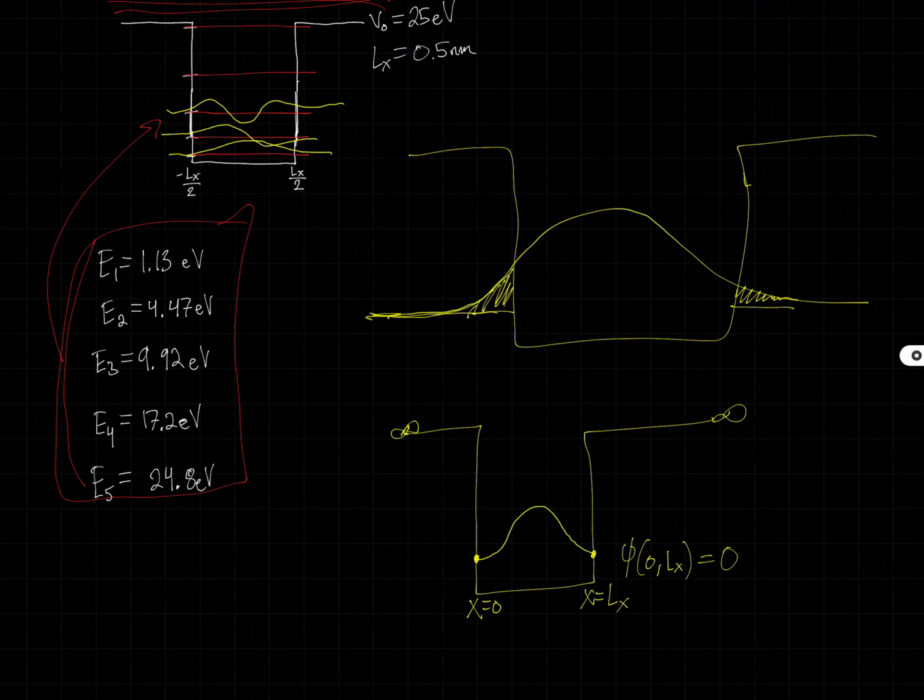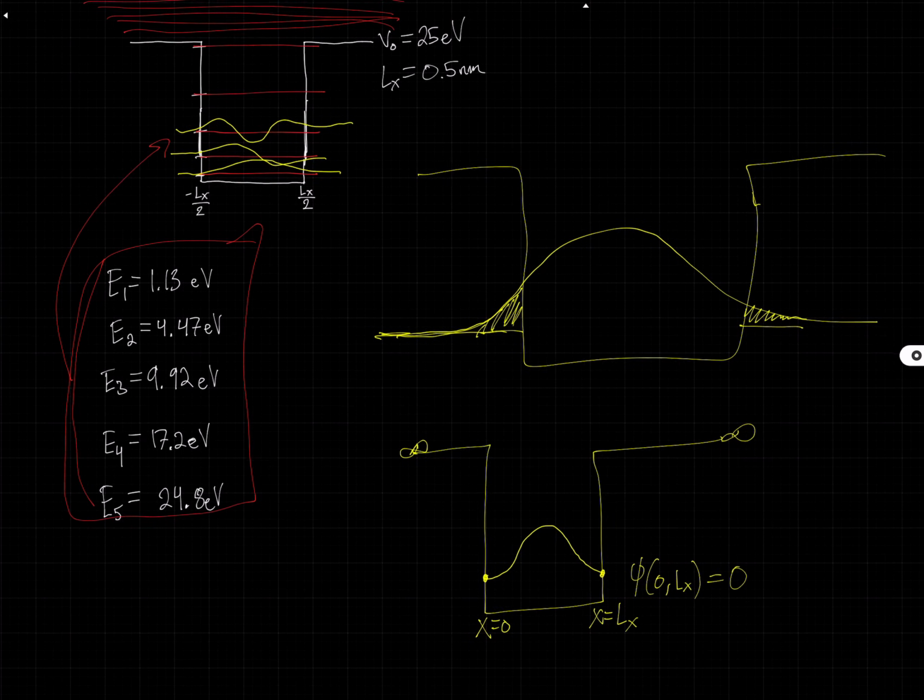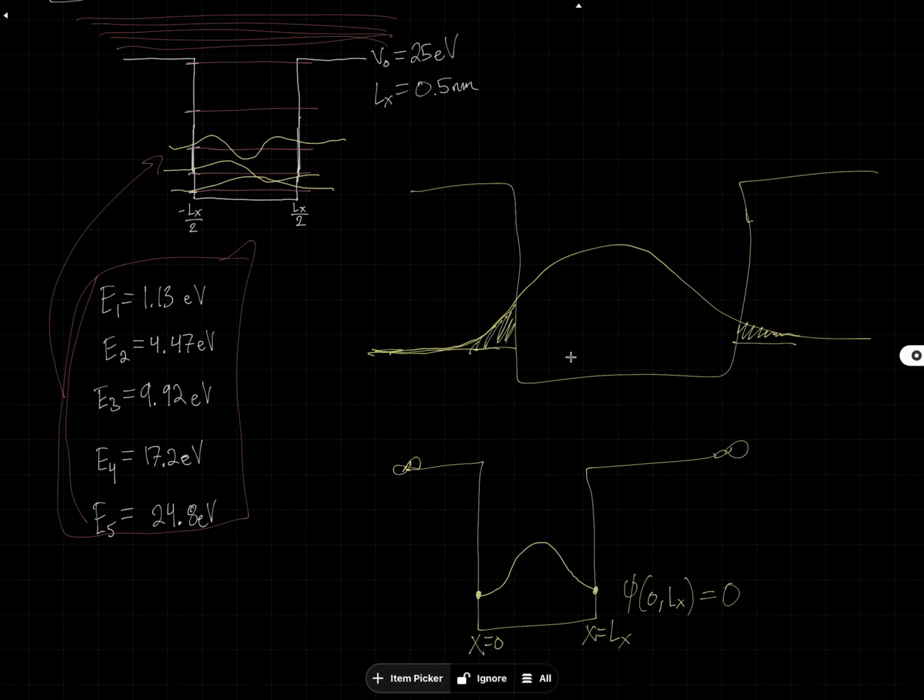This was a boundary that we set for ourselves. This finite potential allows some penetration of the wave function, and thus a probability density, within the barriers. So there's a non-zero chance that you can actually find the electron inside the barriers. And that's highly quantum mechanical.